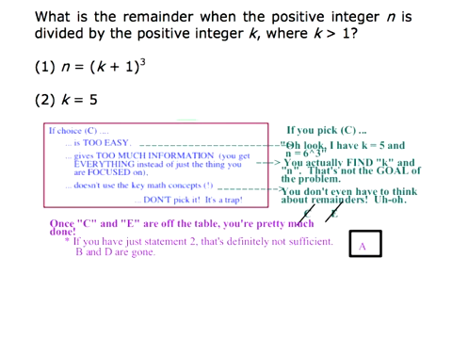So let's do that: k squared plus 2k plus 1. At this point, you don't really have to continue expanding it out because you have a goal here, which is to find the remainder when you divide by k, which means that you can pull out all the things that are multiples of k. When you multiply this all out, you're going to have k times a whole bunch of stuff.